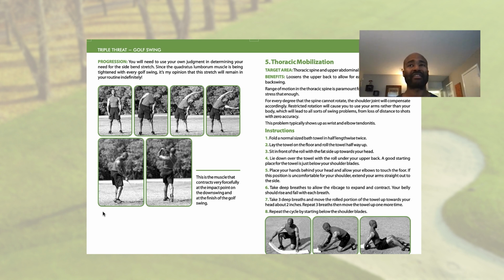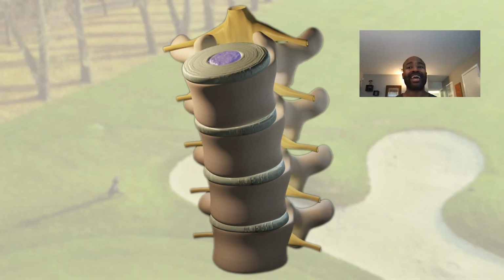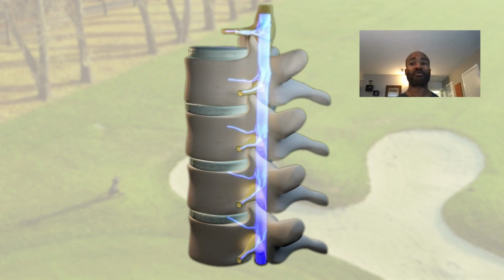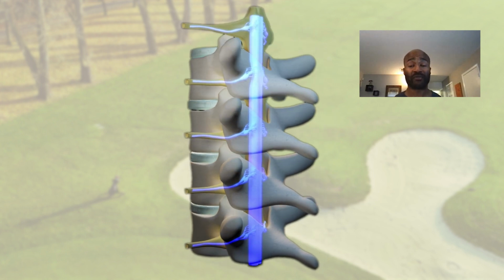I think it adds another 5 years to your golf game and to your life ultimately. And I'll explain why that is in a second. But when you can regain that mobility in that T-spine, it's going to free up everything else in your swing.